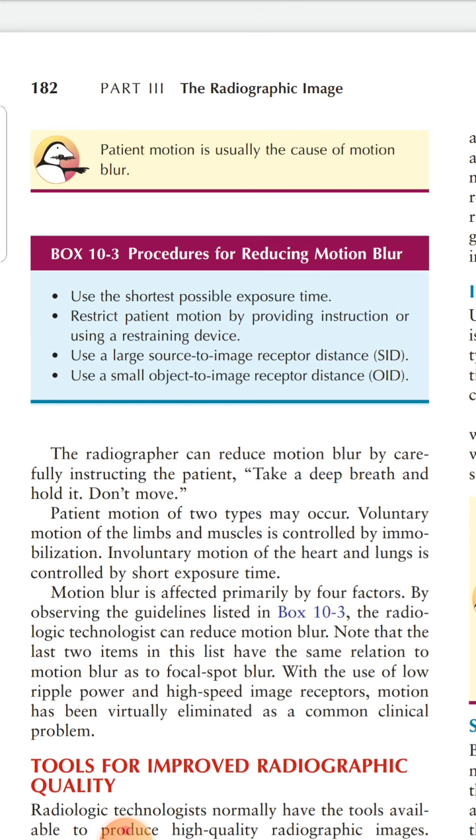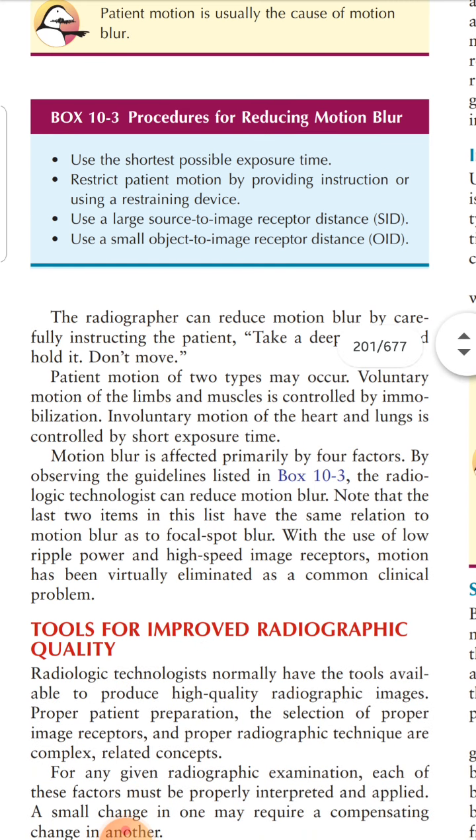So by using three-phase or high ripple, high speed image receptors, and low ripple power and three-phase generators, you can keep the exposure time shorter, and you can avoid motion blur.